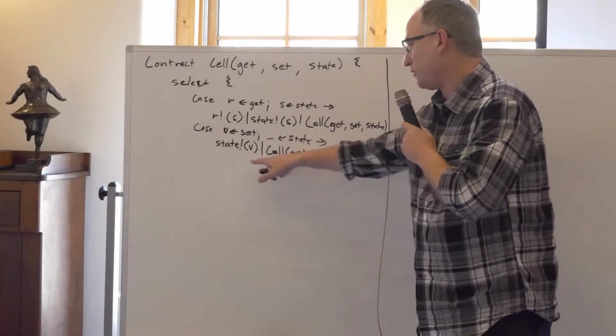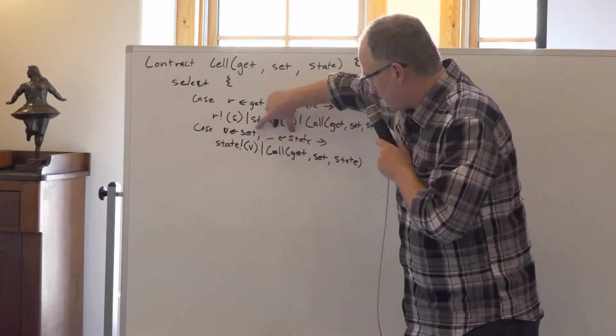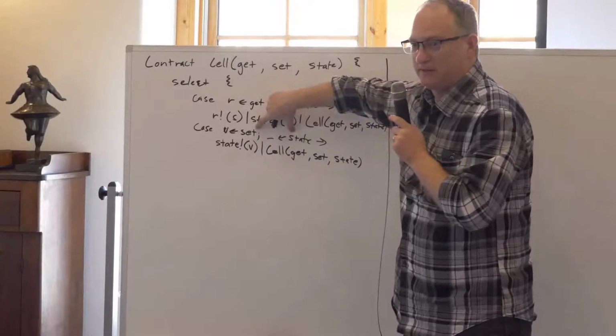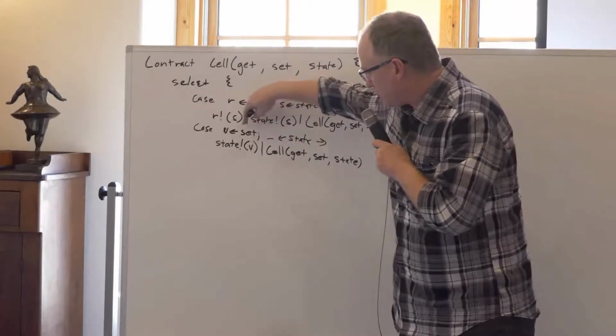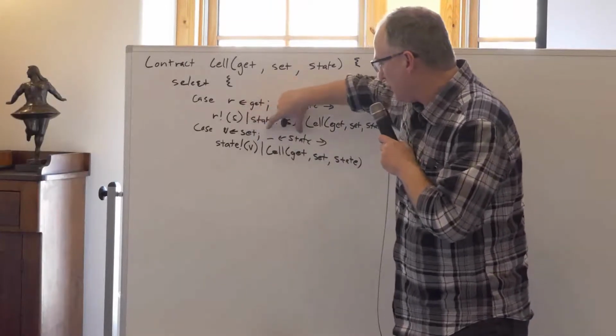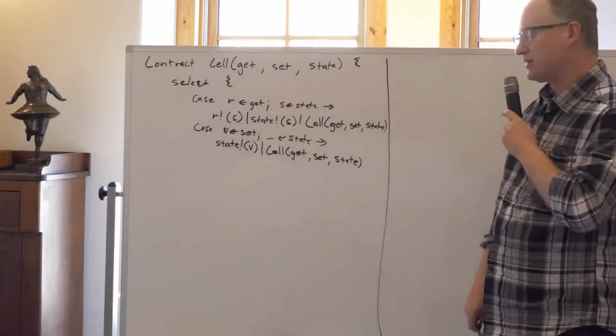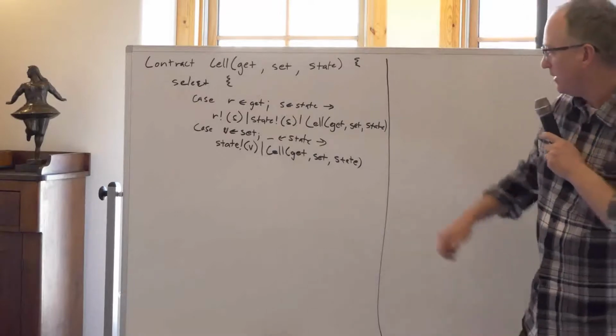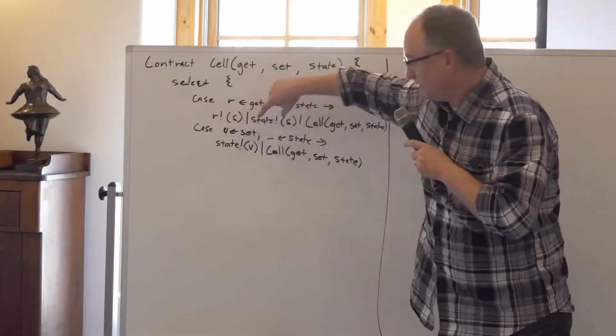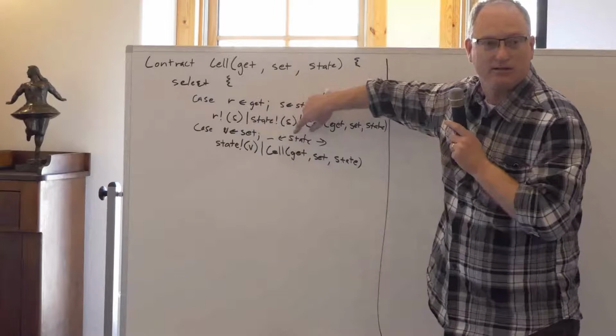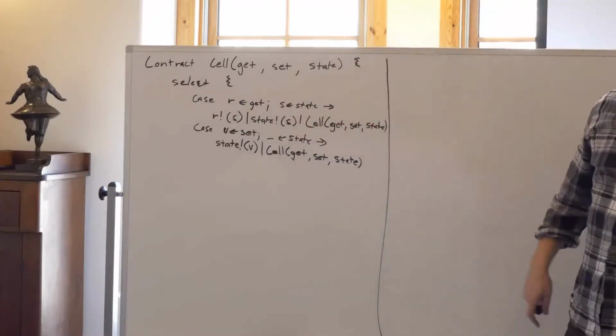Correct. These two are not ordered, but these two things are both or nothing. So at the same time somebody's set message came in, we locked up the state. Any other bugs occurred? At the same time, V came in, we locked up the state. We read out the state from the state channel.